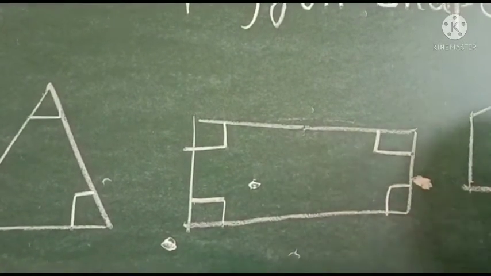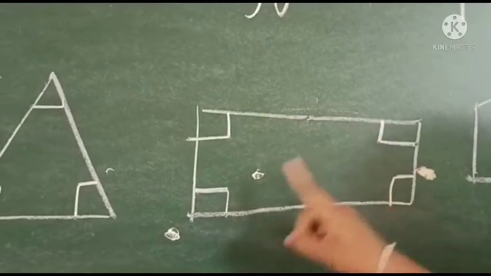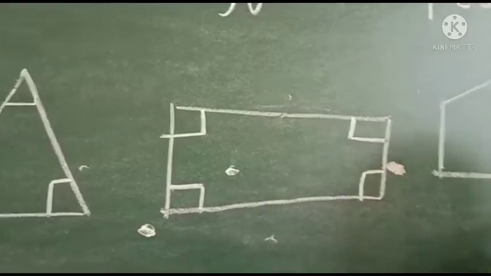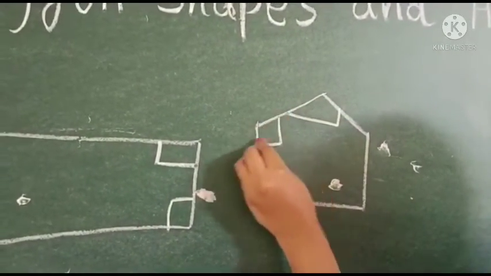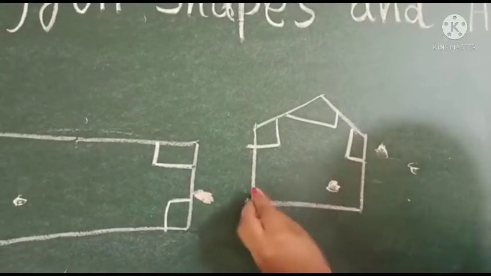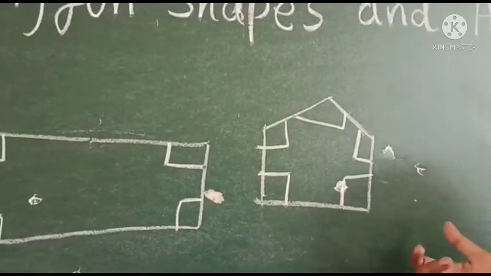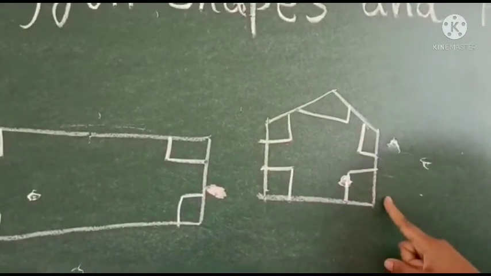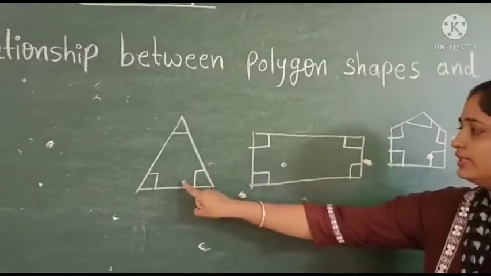How many angles in the rectangle? 4: 1, 2, 3 and 4. Now next, 1 angle, 2 angle, 3, 4, 5. It means in a pentagon we have 5 angles. So you see the relationship between polygon shapes and angles.